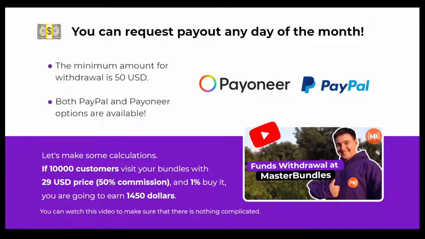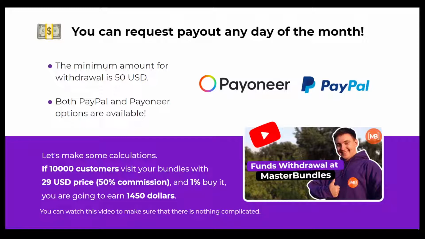Here at the bottom of the presentation, you can see a simple example, a simple calculation, to imagine how much you can earn with Master Bundles. Let's agree that your product will be visited by 10,000 customers, and they will check out your bundle. And if only 1% decide to buy it, you will get the 50% commission, and your bundle costs, in this example, $29.